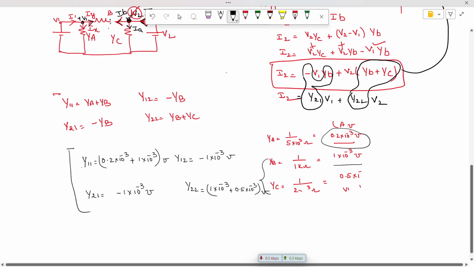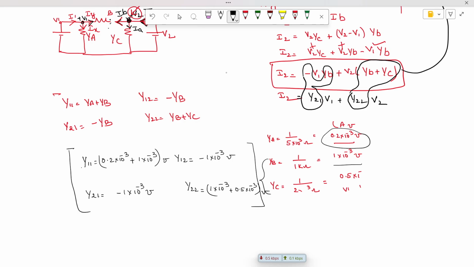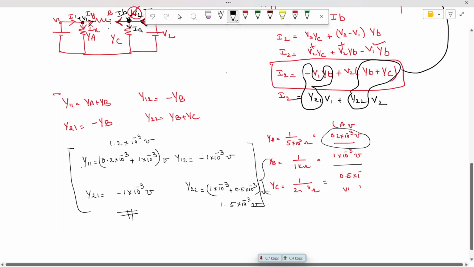So when you compare, this is the resultant value: 0.2 plus 1 is 1.2 into 10 to the power minus 3, and this is 1.5 into 10 to the power minus 3 mhos. This is the resultant answer we are expecting.